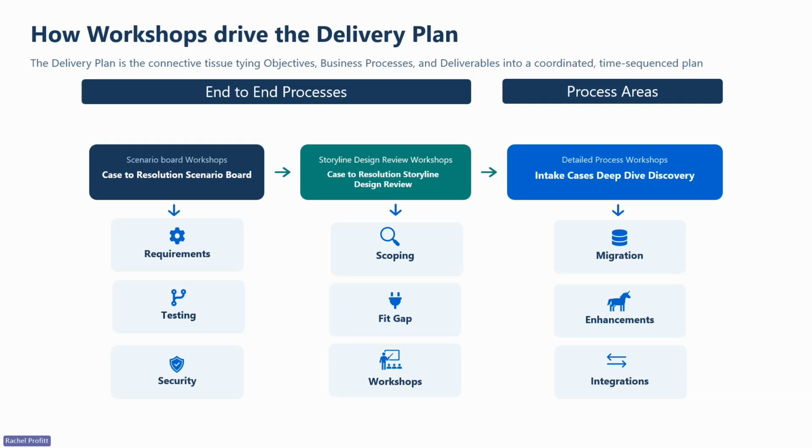And when you're done with that storyline, you should be able to get further down in that scoping and your fit gap analysis. Requirements will continue flowing out of these sessions.